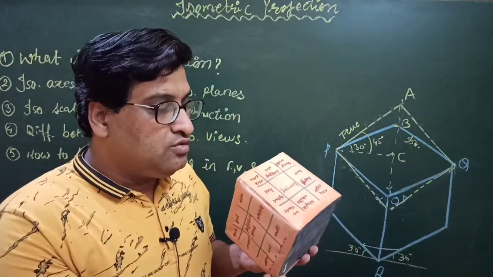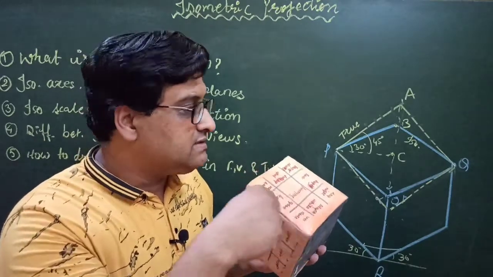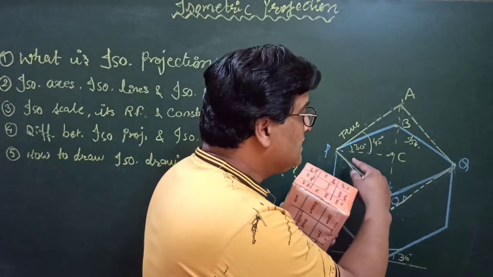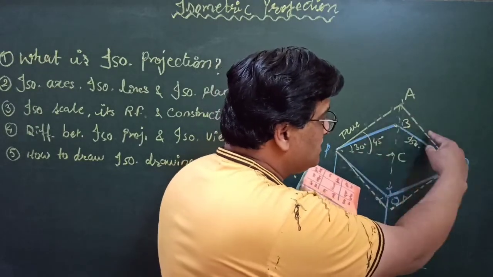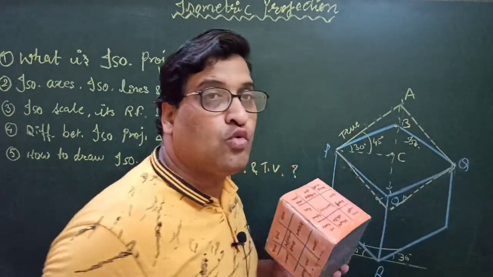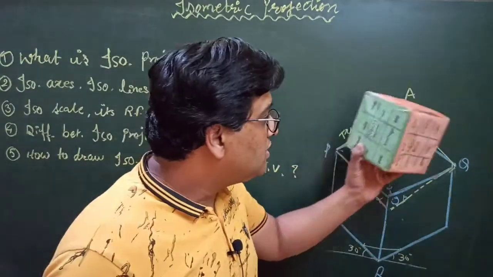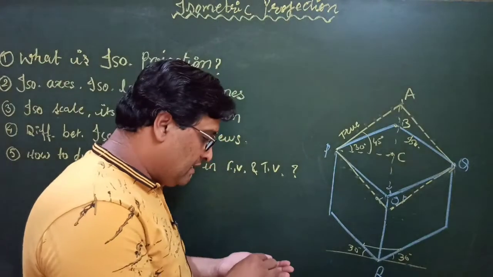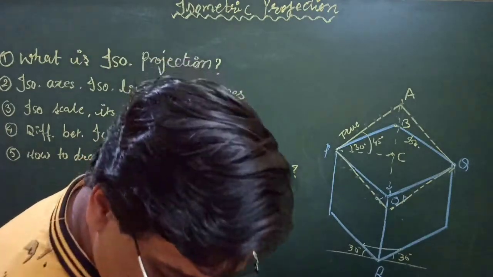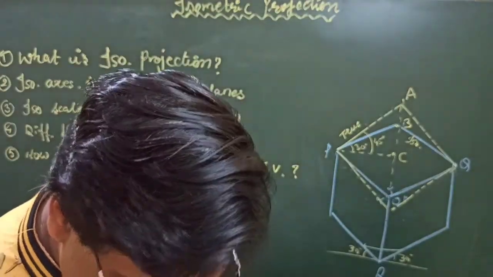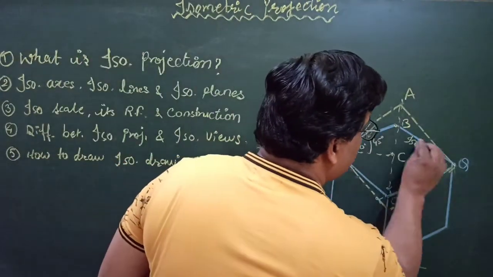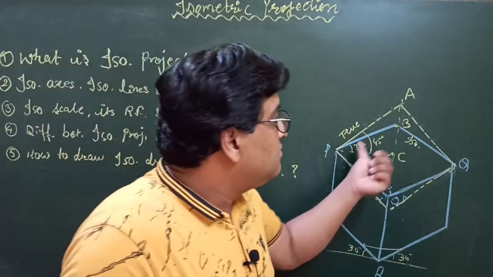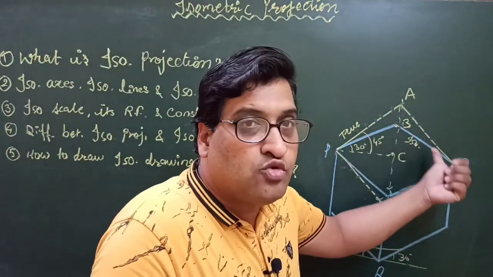So the true shape of the top face, as shown here in the blue color line, is a rhombus, but the true shape is the yellow colored line, that is a square. So if I draw a square here to represent the true shape, and this blue color rhombus is representing the isometric plane, while this is the true plane, that is a square.